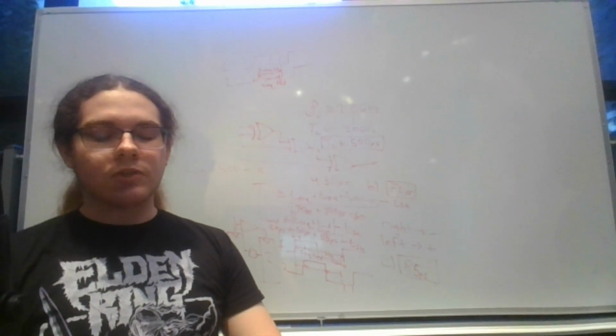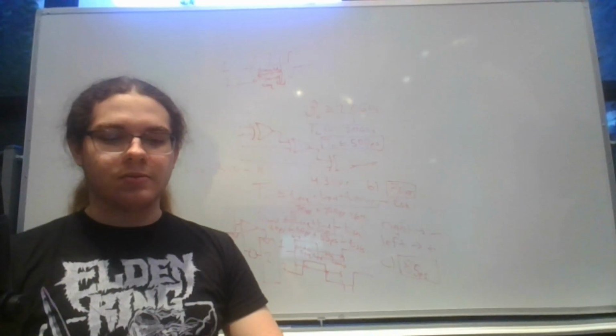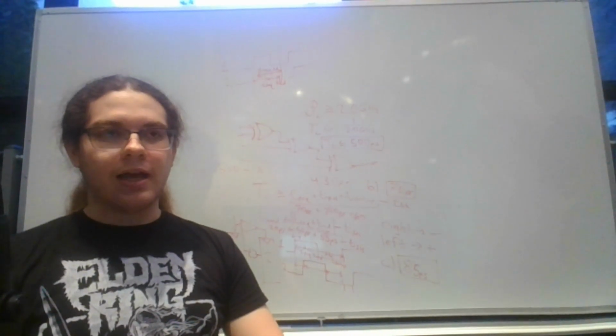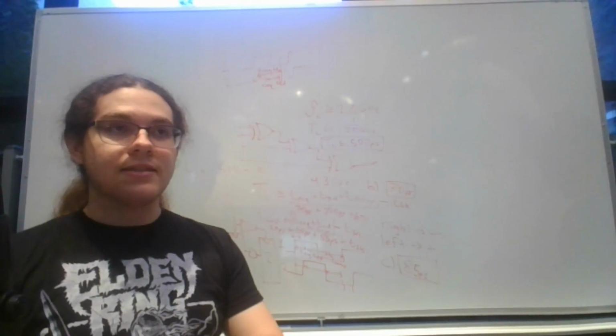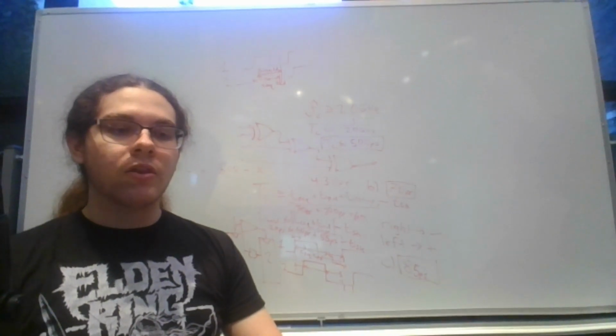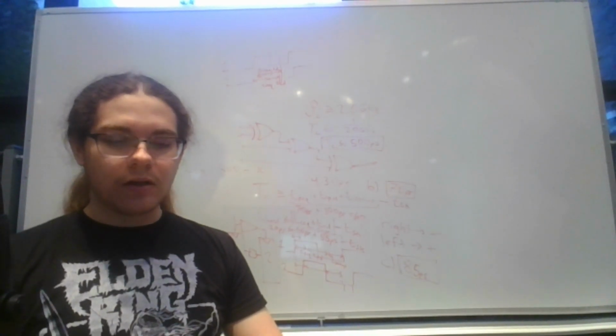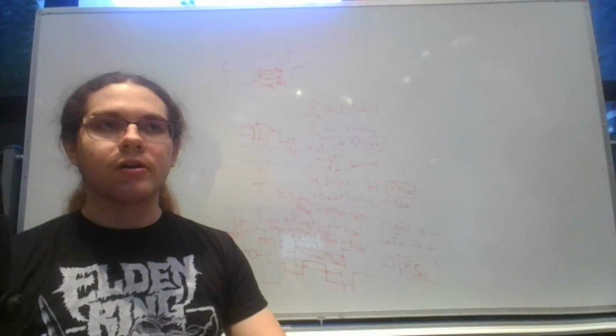Okay, so on to the last part of this problem, where it asks you to redesign the circuit such that it has better tolerance to skew, and it can also run at a higher frequency.